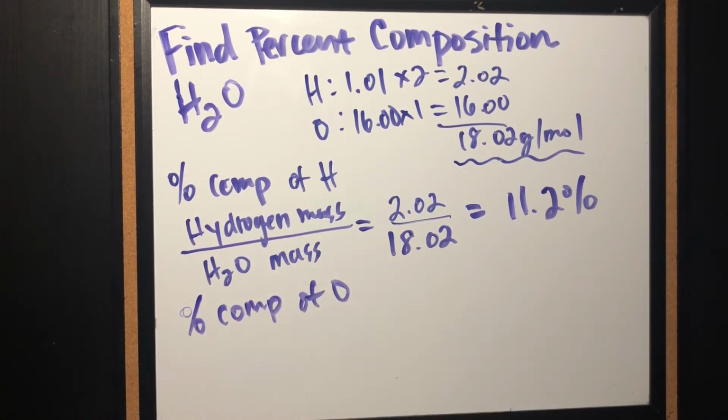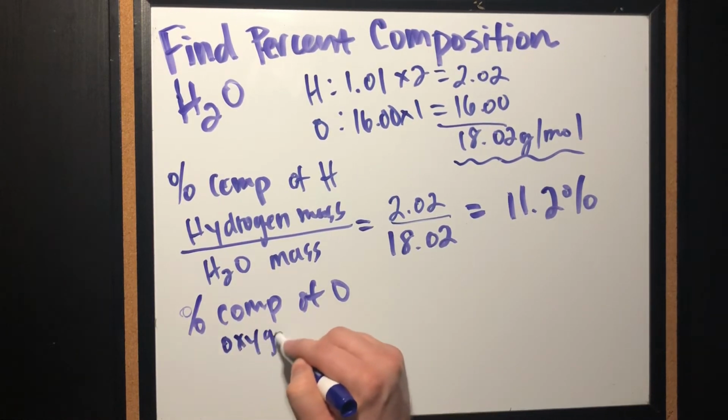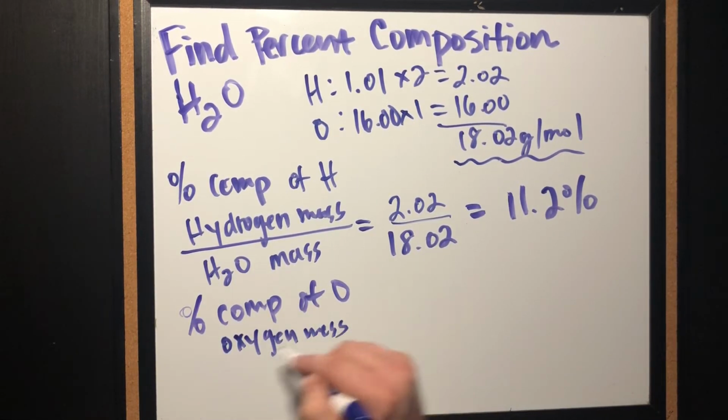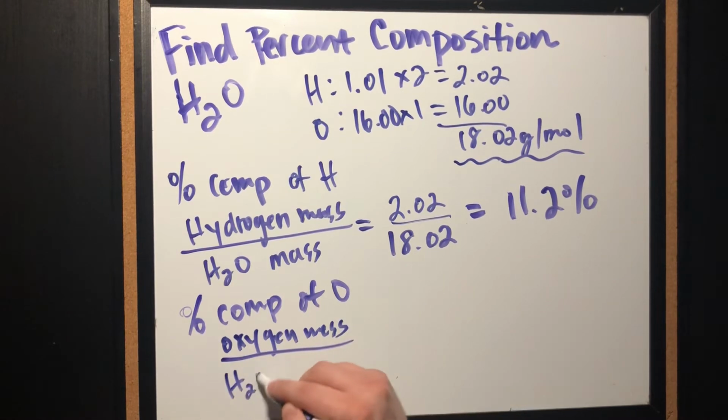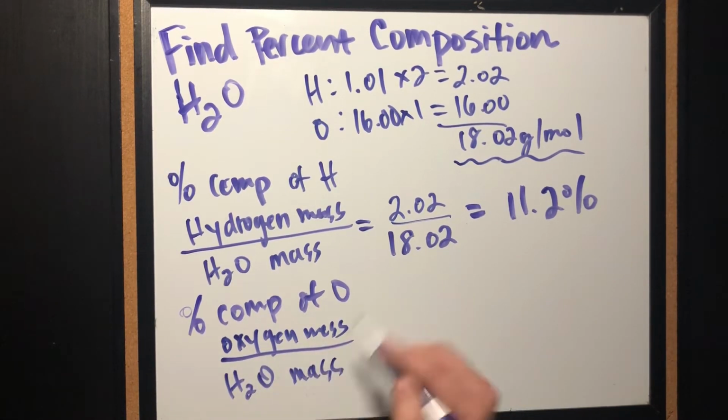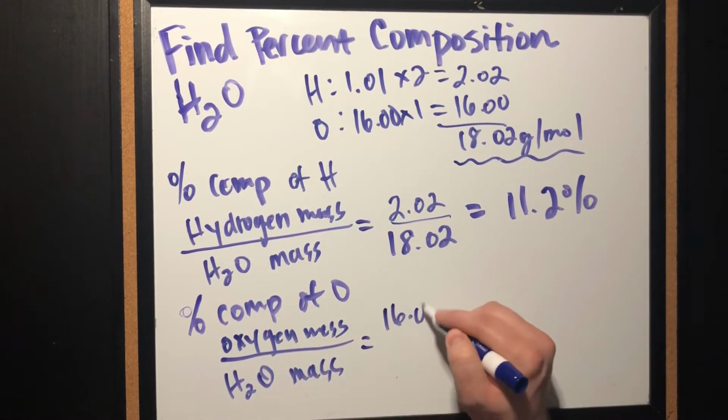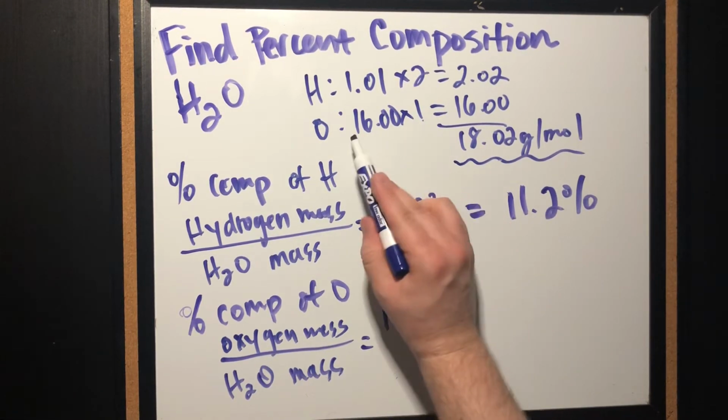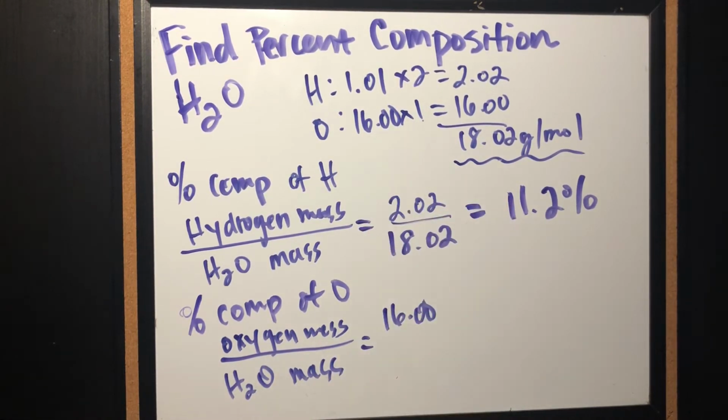Now let's do the percent composition of oxygen. Oxygen mass over H2O mass. There's only 1 atom of oxygen. So that's why I'm only putting 16 there.